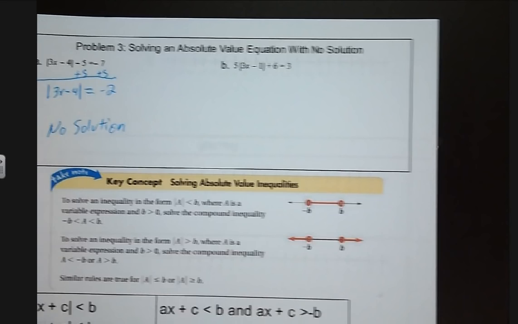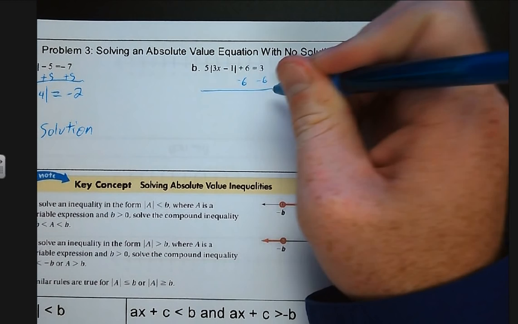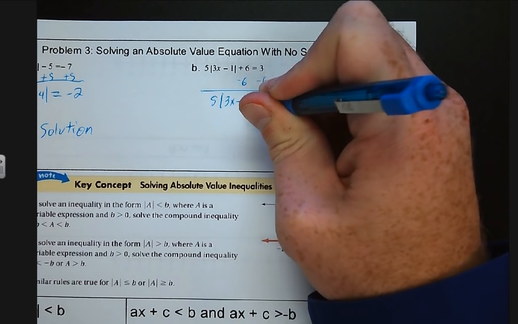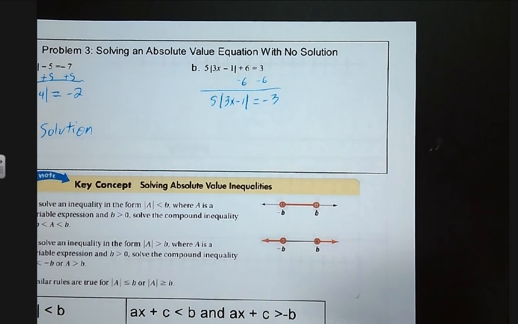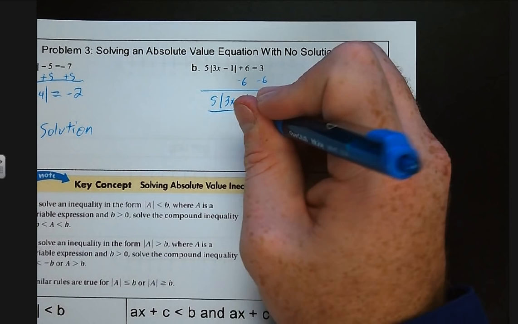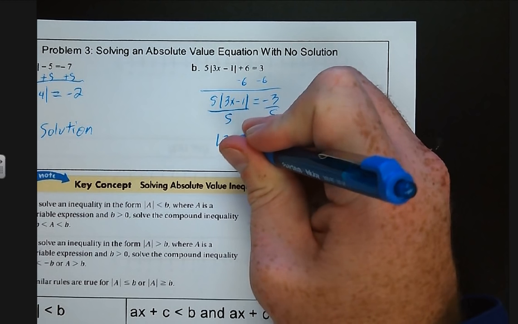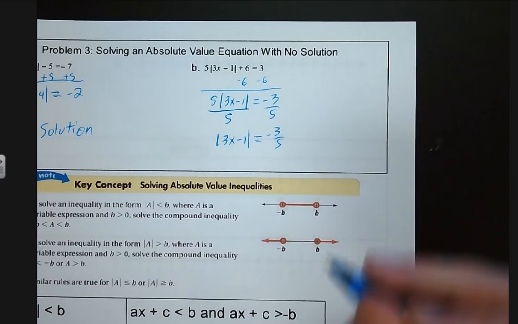So here's another example. We subtract 6 from both sides. So we have 5 times the absolute value of 3x minus 1 is equal to negative 3. Divide both sides by 5. The absolute value of 3x minus 1 is equal to negative 3/5.